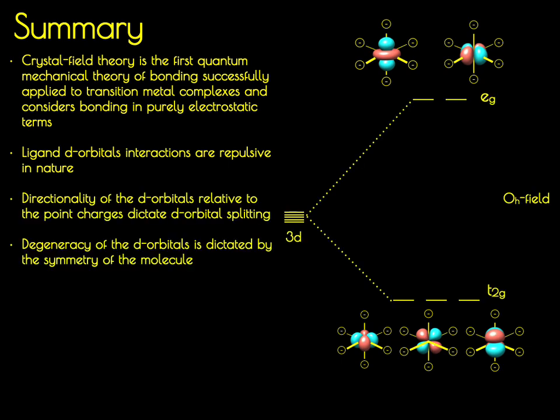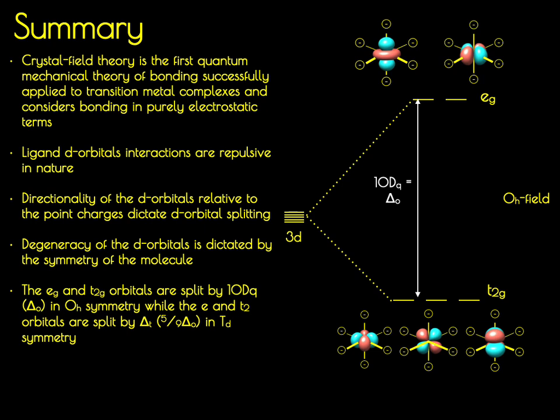The directionality of the d orbitals relative to those point charges is going to dictate which orbitals become destabilized and which orbitals become stabilized relative to a spherical field. The symmetry of the molecule is going to determine the degeneracy of those orbitals. So we have an eg set in Oh symmetry and a t2g set in Oh symmetry.